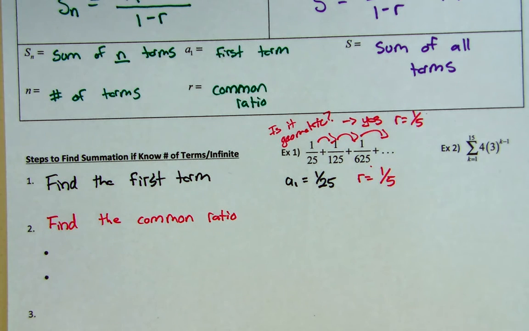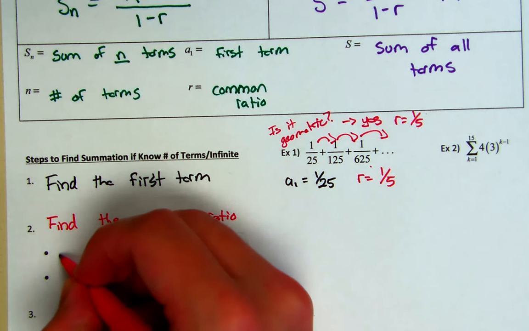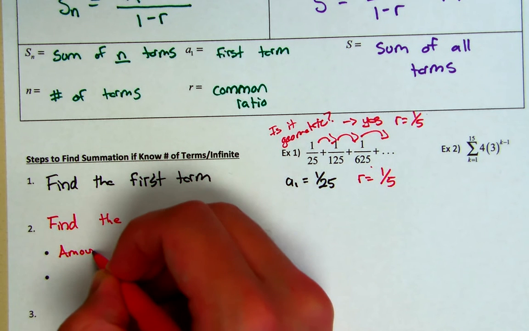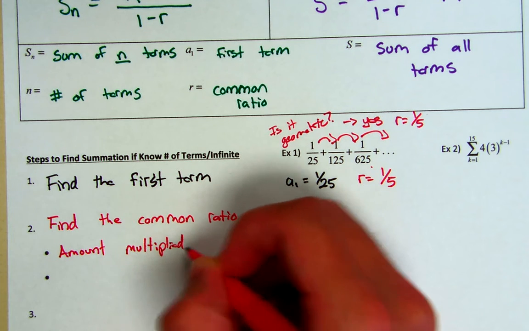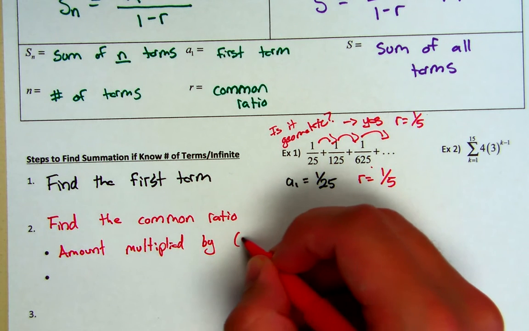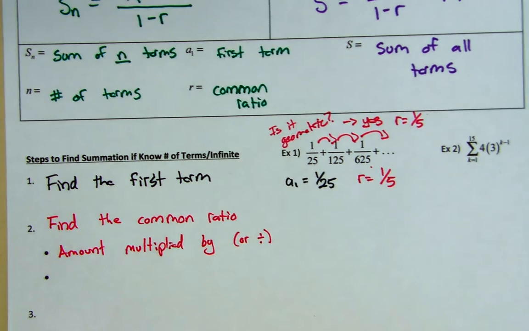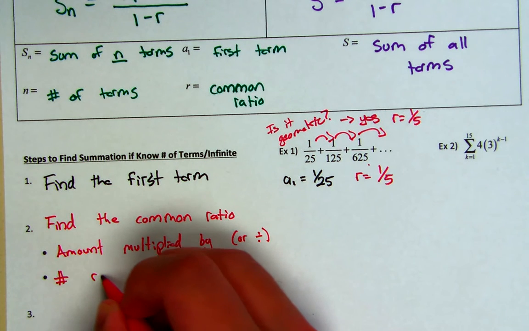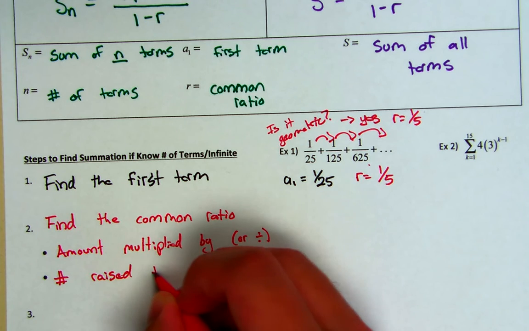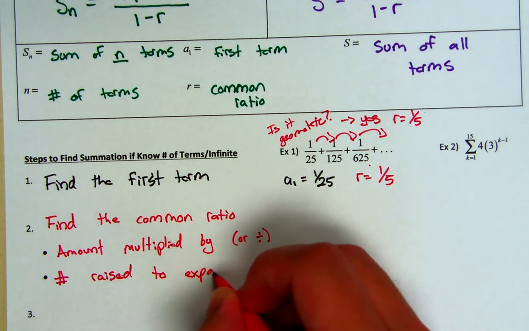Next thing I need to do is common ratio, some things to talk about. Again, that's the amount multiplied by or divided, as a fraction, or it could be the number raised to an exponent.